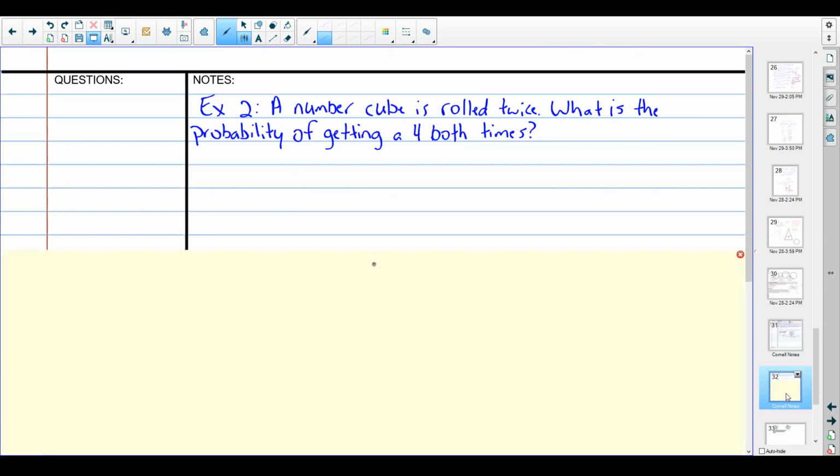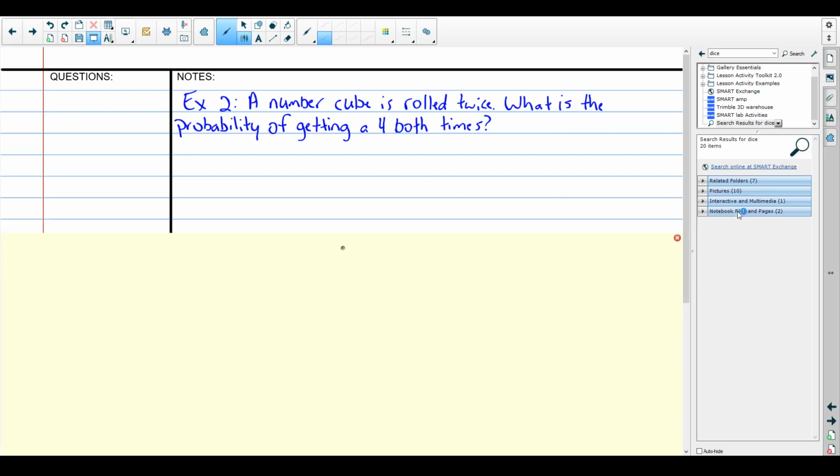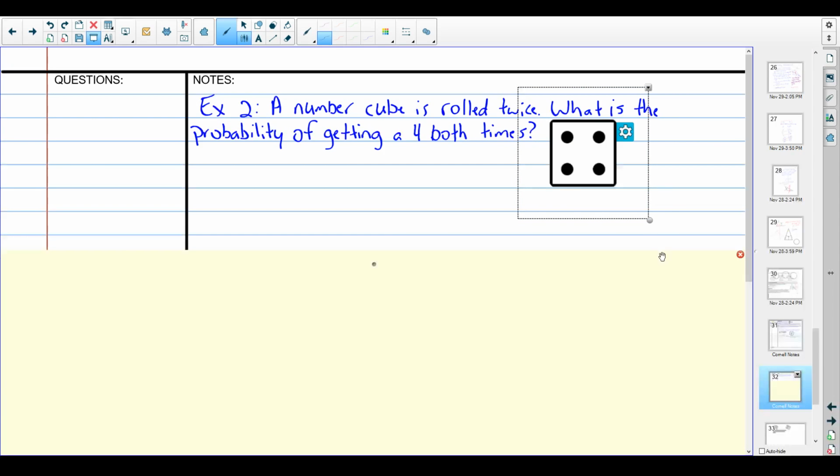Let's say we have a number cube and it's rolled twice. What is the probability of getting a 4 both times? So if we have a cube, here it is. We say, what are the outcomes you can get on this cube?